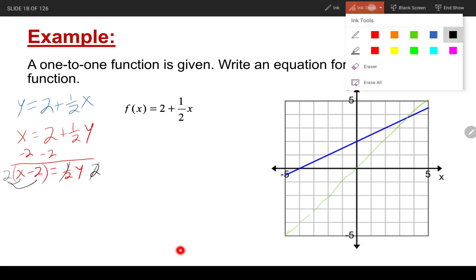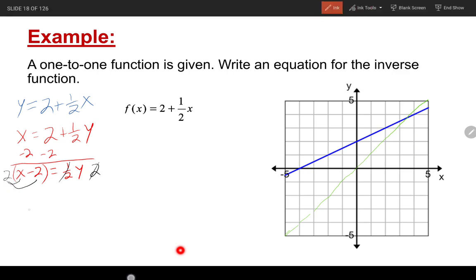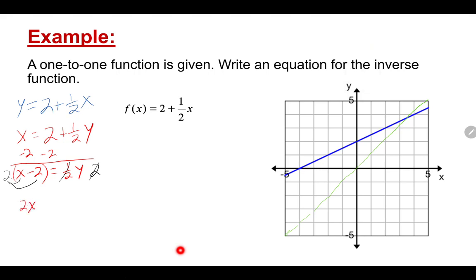So I end up with 2x minus 4 is equal to y. And we want to change that. So my f inverse, changing the y back to f inverse now, is equal to 2x minus 4.